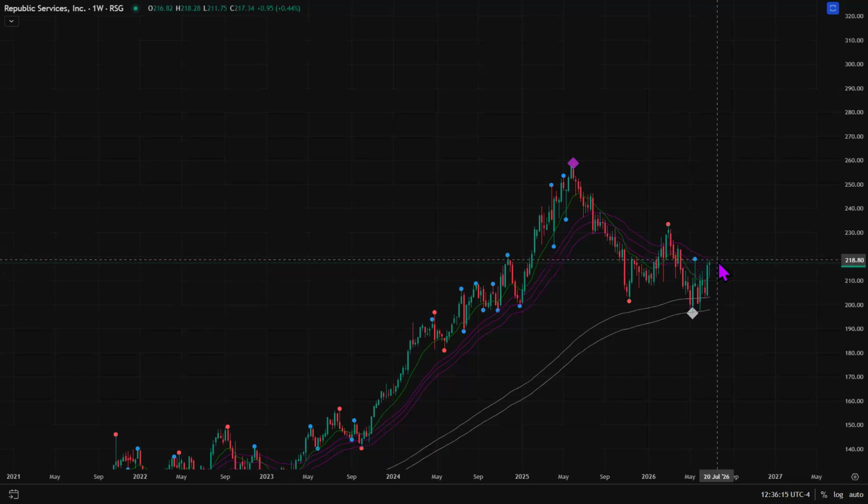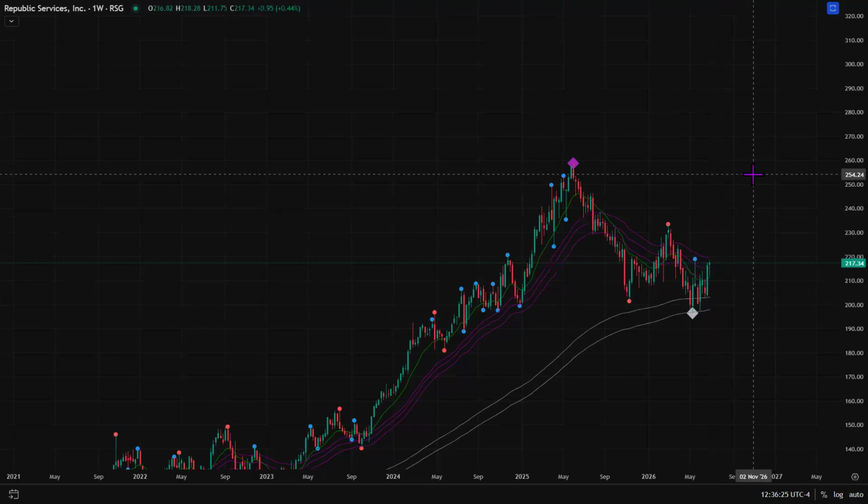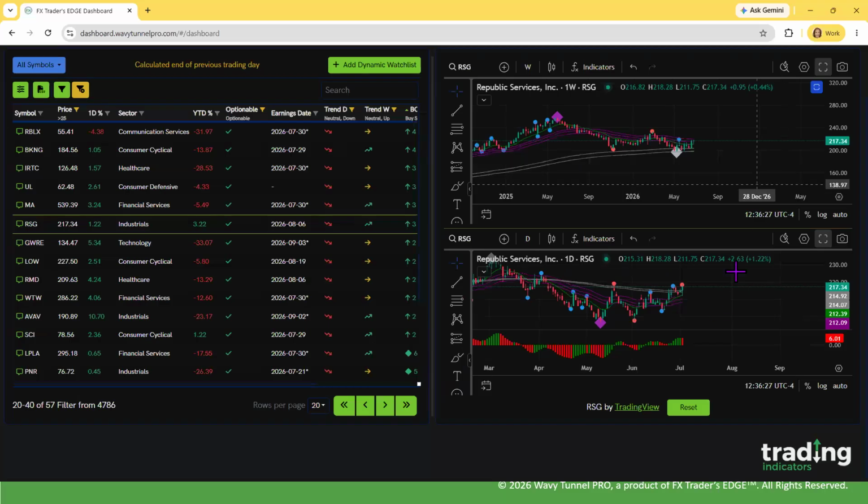We have a tail in the opposite direction, and we have a strong bodied candle moving up. So that's consolidation behavior. Yeah, I like this one. I'm going to put it on the scanner, on the watch list.